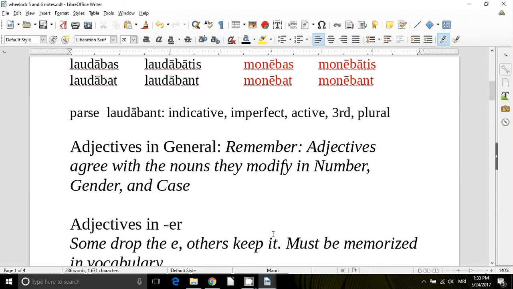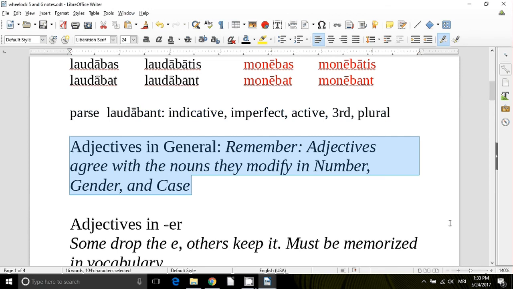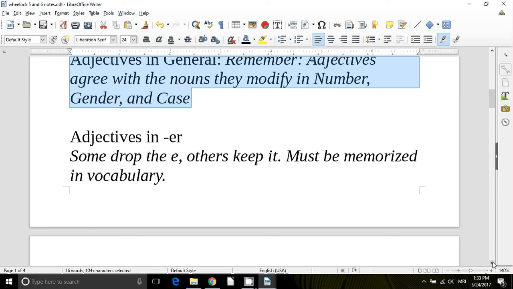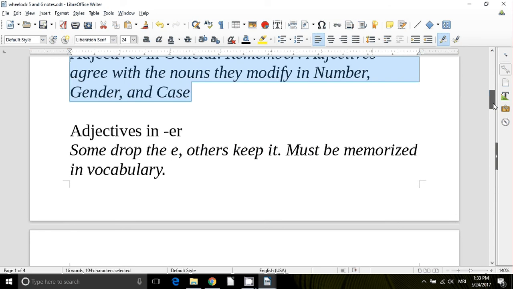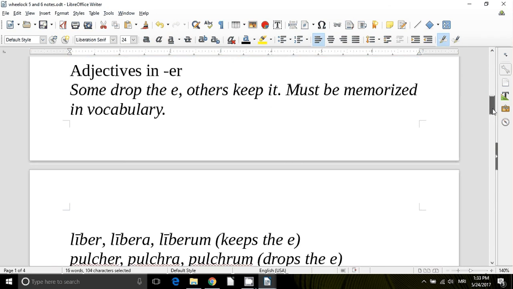We're also going to review some adjectives. Remember our rule. Adjectives agree with the nouns they modify in gender, number, and case. On page 42, you can see that we've got some adjectives that end in er in the nominative singular. The rest of their endings are normal.